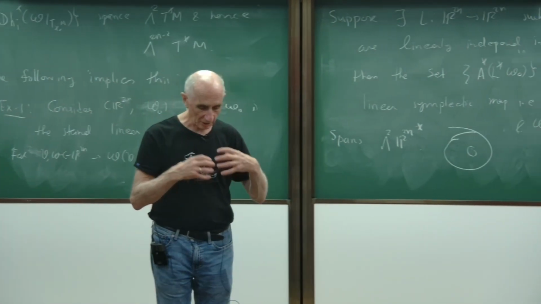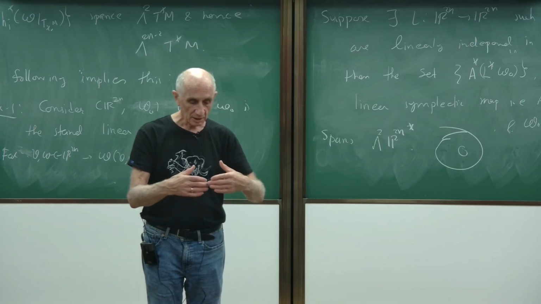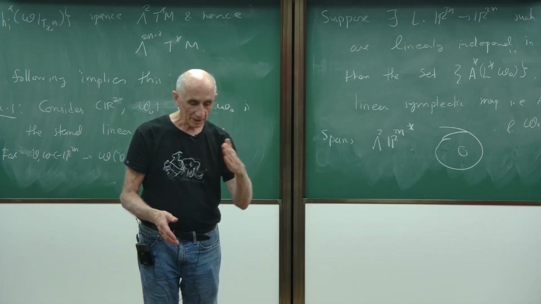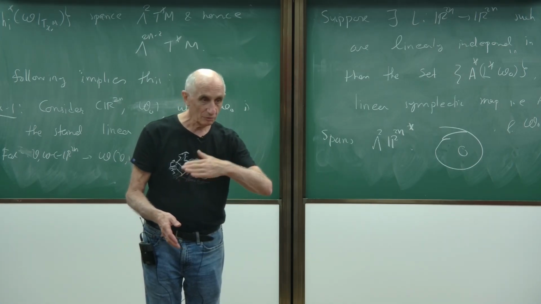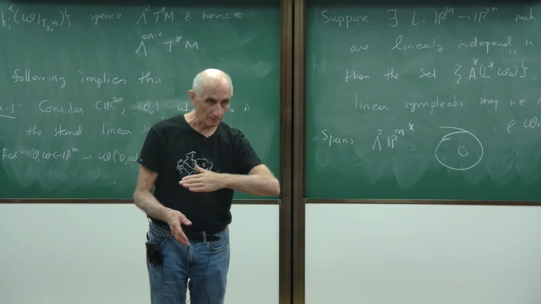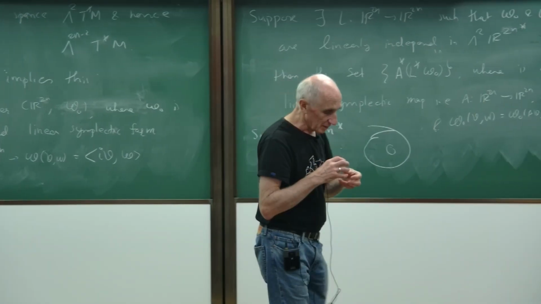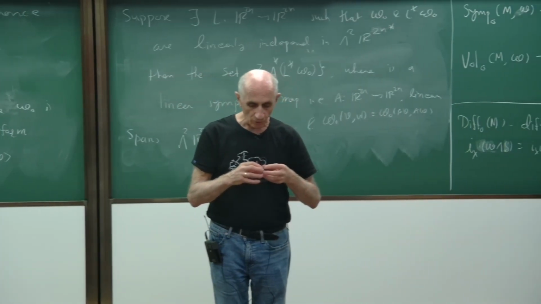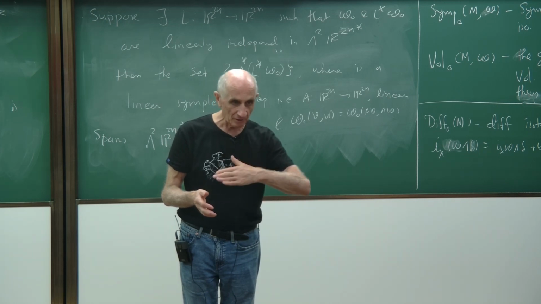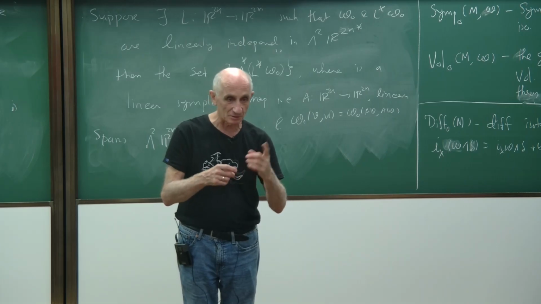Suppose you have a surface embedded. If it's Lagrangian, then multiplication by i gives you an isomorphism between the normal bundle and the tangent bundle. But both the tangent bundle and the normal bundle have an Euler class, which is the obstruction for constructing a vector field.